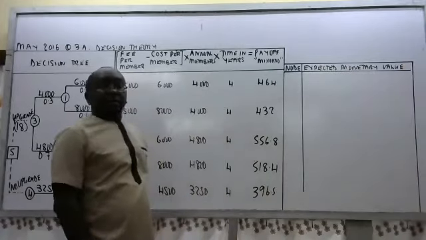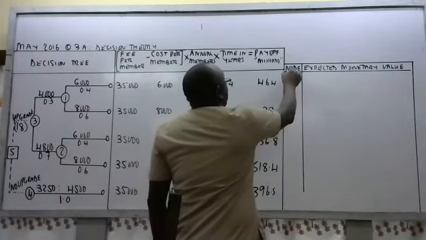Expected monetary value. So let's start with node 1.